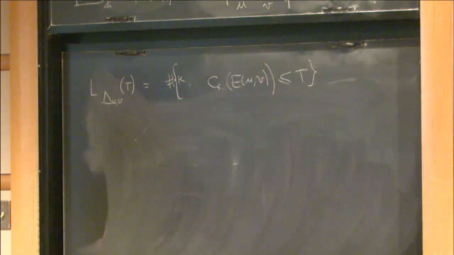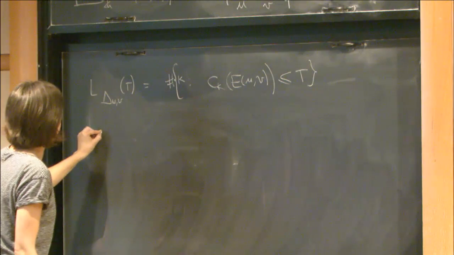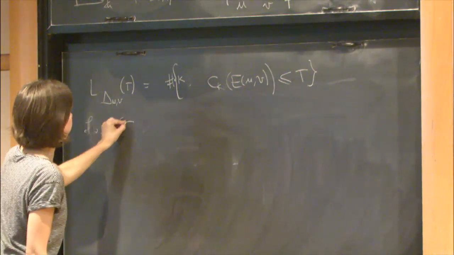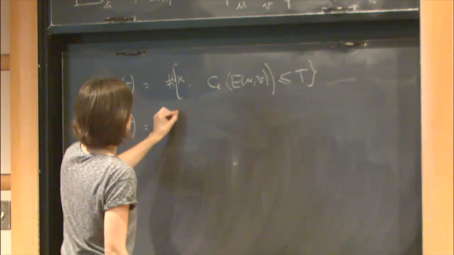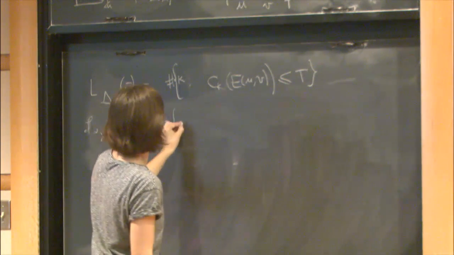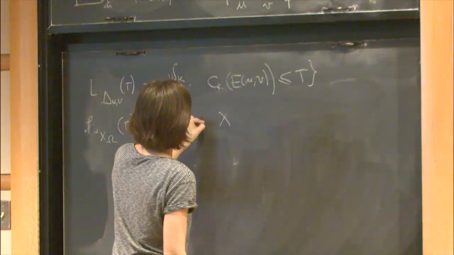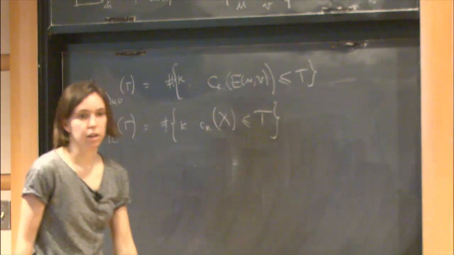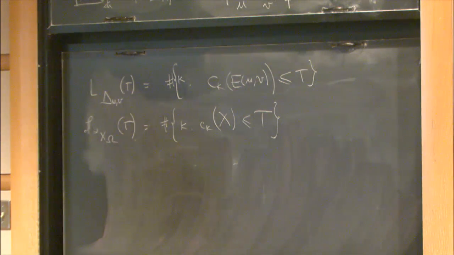So it connects to the ECH capacities. And then we can similarly define for my X omega the number of k's such that, how many ECH capacities are below it.